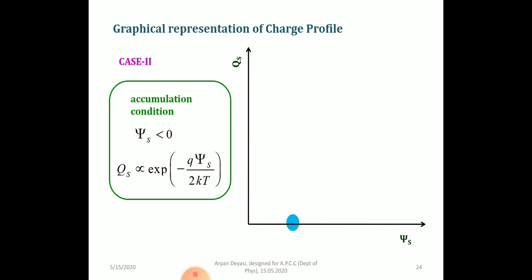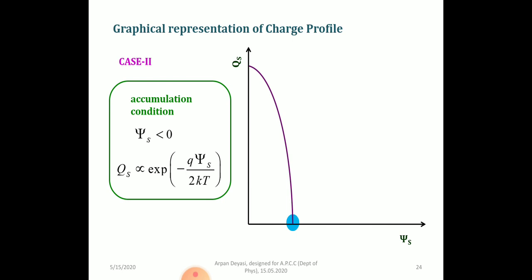If you plot Qs versus psi s with this exponential minus function, this will be the accumulation band bending. Naturally, it has the highest value as you go more negative in surface potential, but as you come towards the flat band condition, the surface potential becomes 0 and the corresponding charge also becomes 0, so it will meet the axis. So that's the diagram for the accumulation condition.